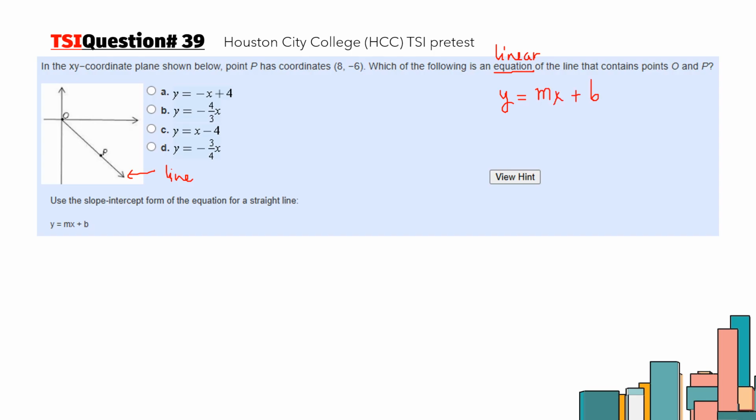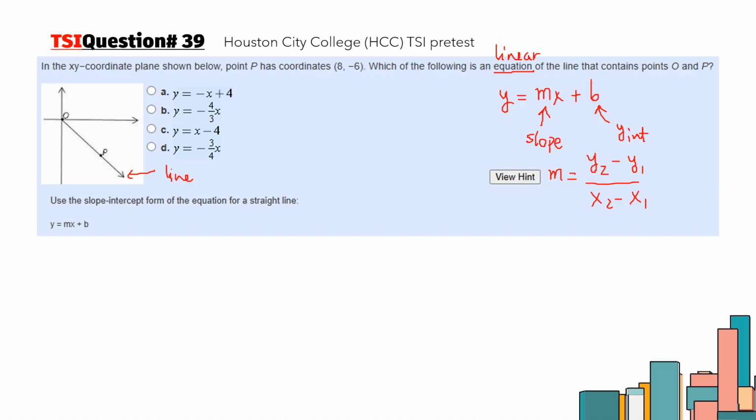B right here is the y-intercept. M right here is the slope. The slope m can be calculated by y2, the y of the second point, minus y1, over x2 minus x1.